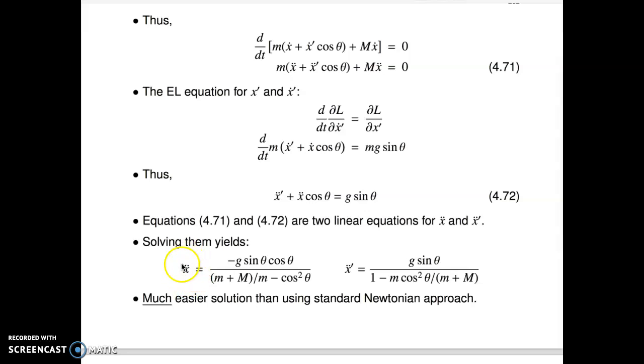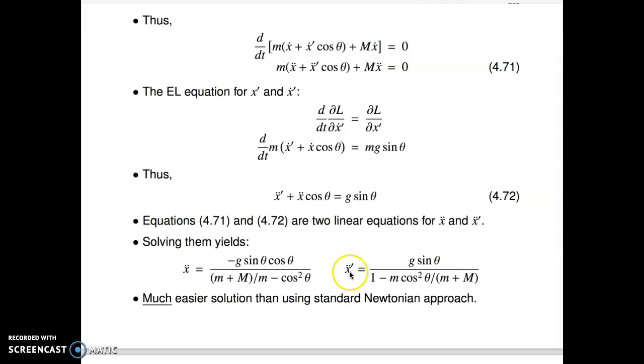You can solve for this unknown, x double dot. Here you have it. You can solve for this unknown, x prime double dot. Here it is. The right-hand sides of both of these equations are all known quantities. And they're all constants. So the acceleration coordinate, x double dot, is equal to this, a constant. It depends on theta, it depends on both masses.